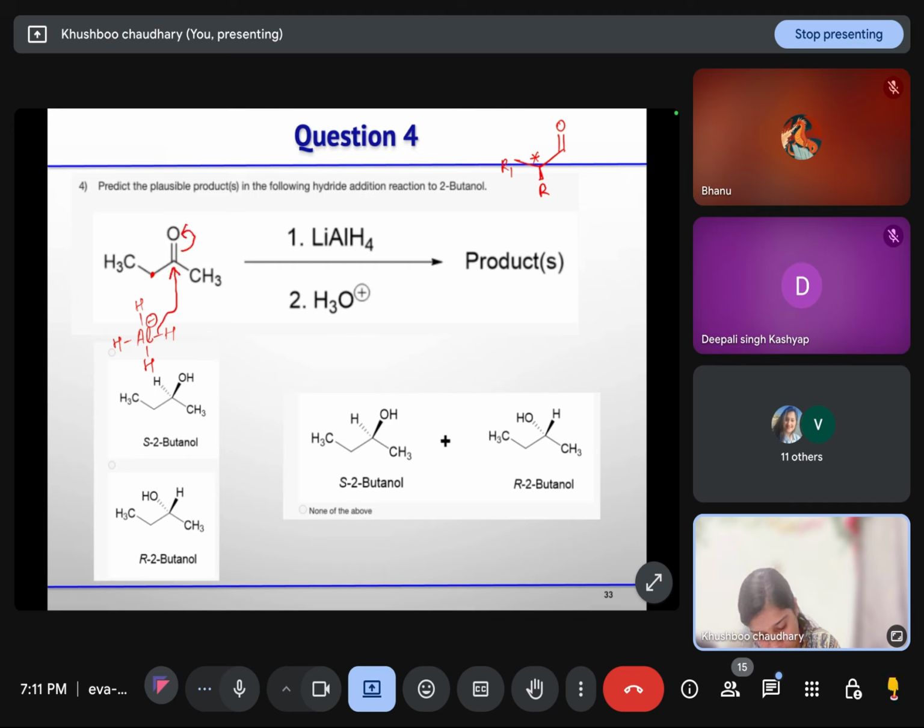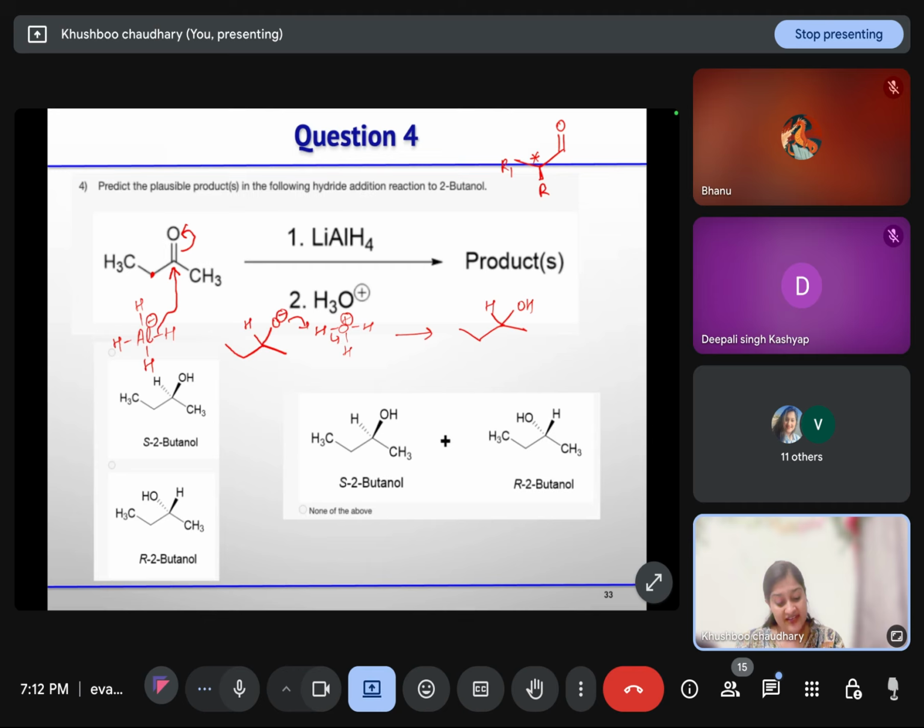The alkoxide will form, so it will form O negative and H. Then it will take a proton and you will get the alcohol. Now there are two possibilities. This carbonyl is planar, so hydride can attack from the above face also, or from the back face also.